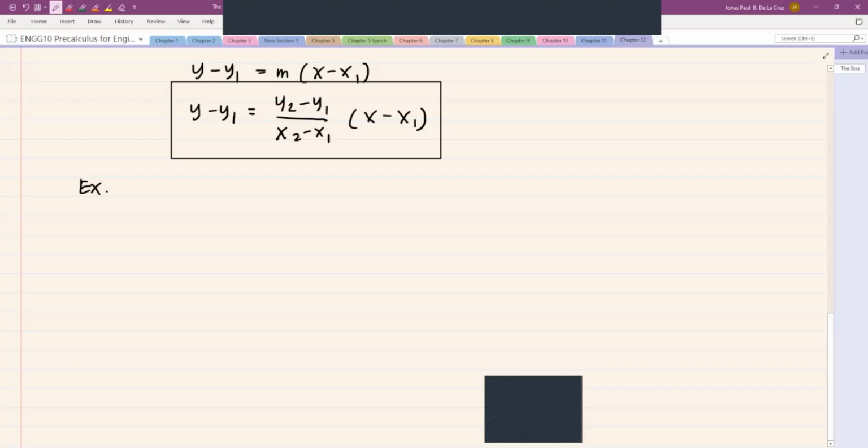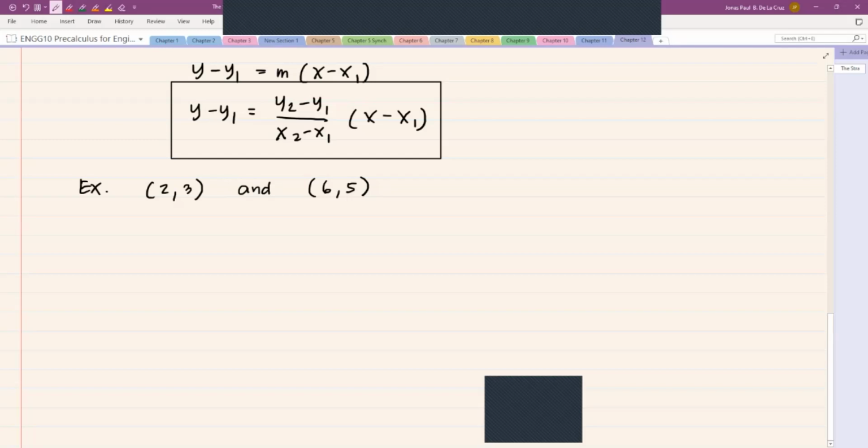Find the equation of the line through the points (2, 3) and (6, 5). Ano daw yung equation ng line passing through the points (2, 3) and (6, 5)? So, let this one be P1, itong (2, 3), tsaka itong (6, 5) is P2.